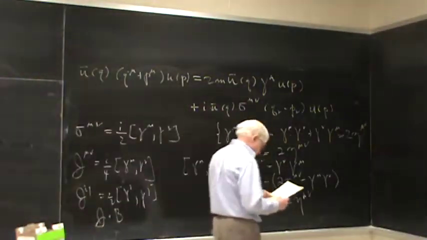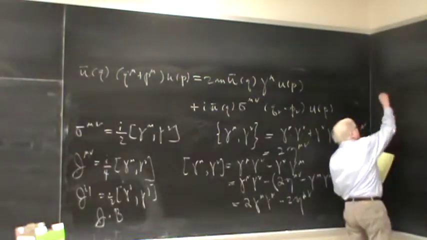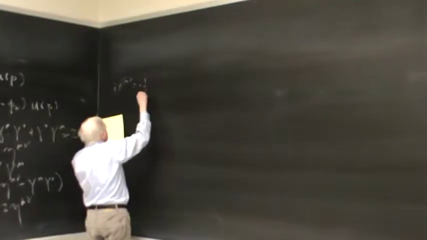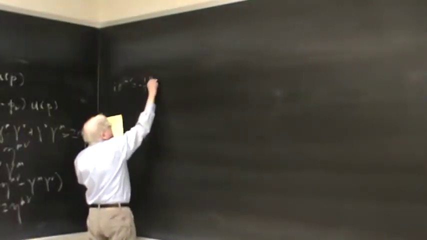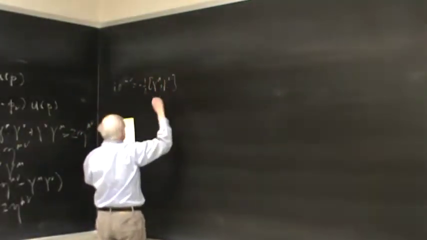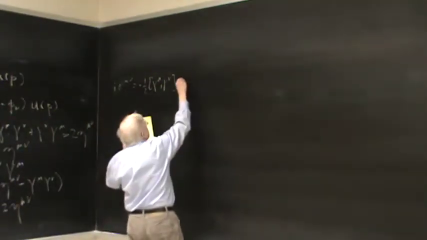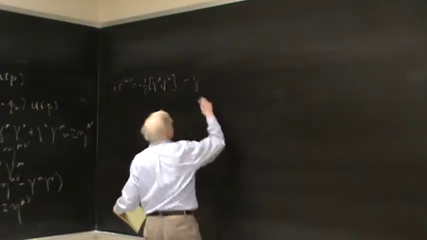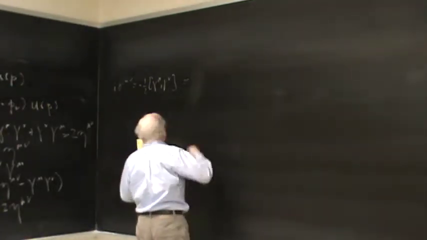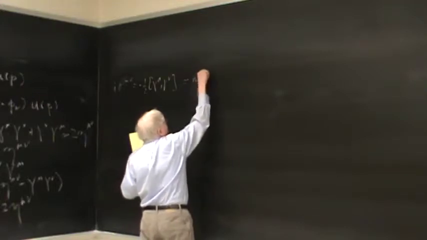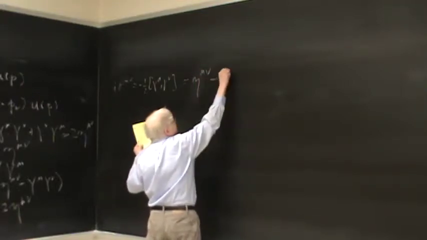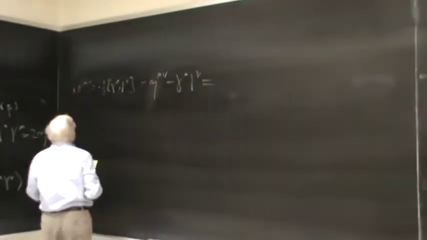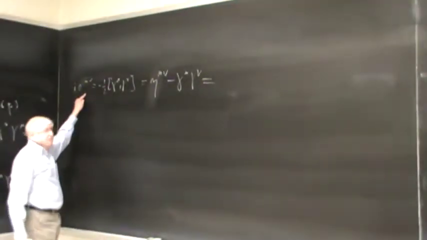And so now iσ^μν, which is minus a half of the commutator, is then η^μν − γ^μ γ^ν, whoops, sorry. Now if you think about it, this thing is anti-symmetric in μ and ν.